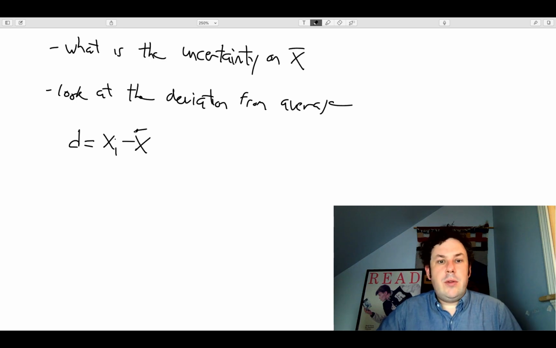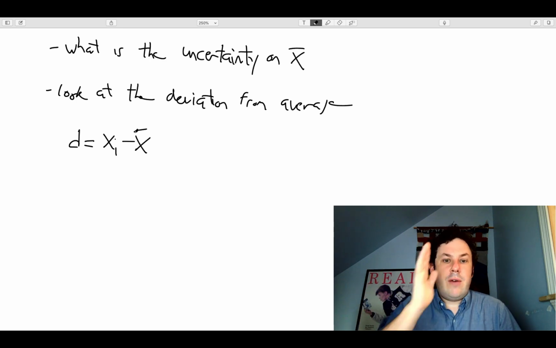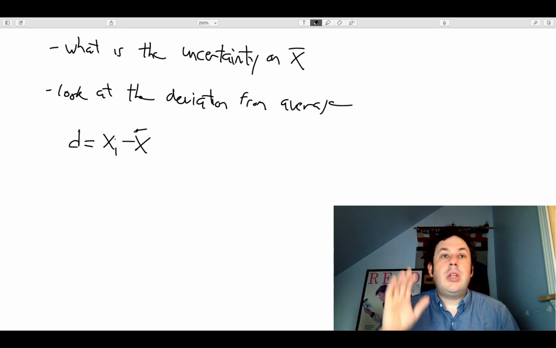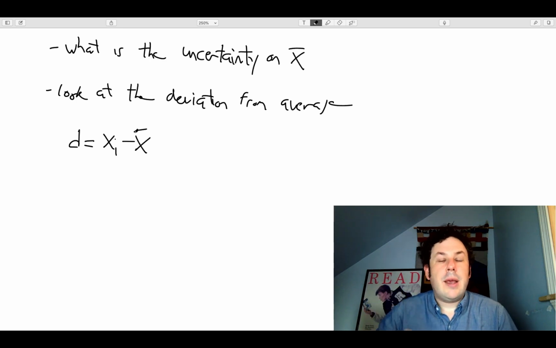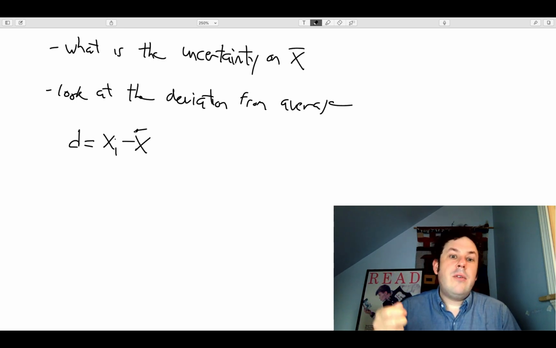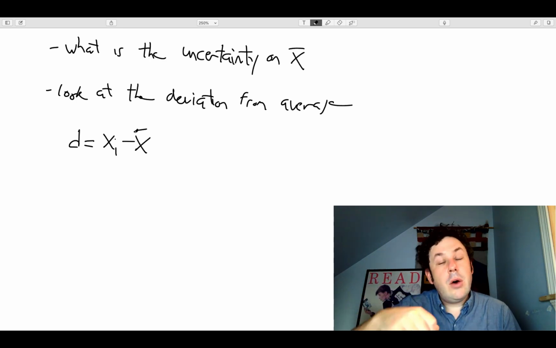But there's an issue with using this to define the uncertainty, is that if you take a bunch of measurements, you should find that if you have a measurement on an average value, you'll have just as many measurements above and below that value. So if you measured the period of a pendulum and you said it was 1 second, you should expect to find individual values. Some of them are going to be higher than that. Some will be 1.2, 1.3 seconds, and some of them will be lower at 0.8, 0.6, that kind of thing.